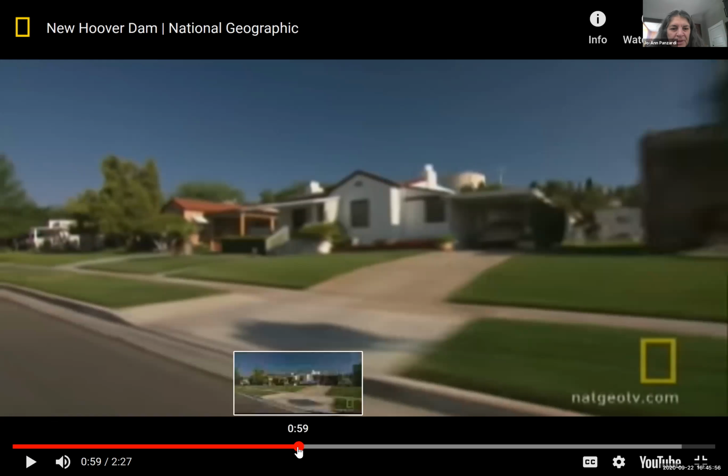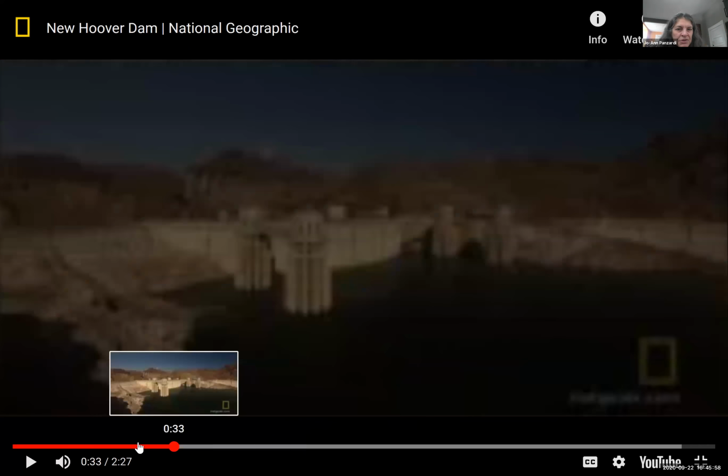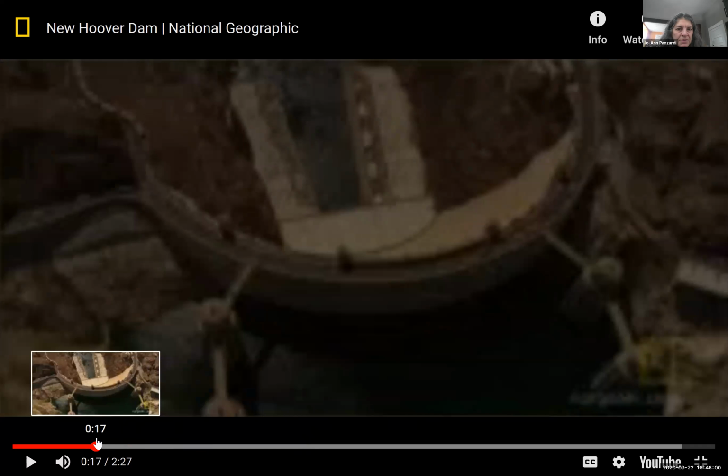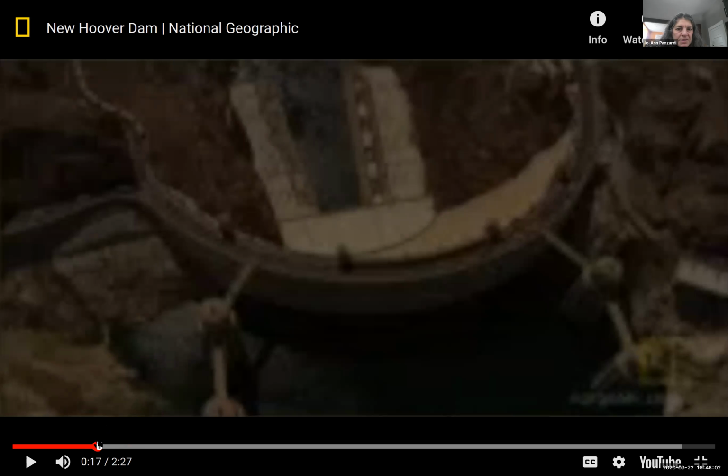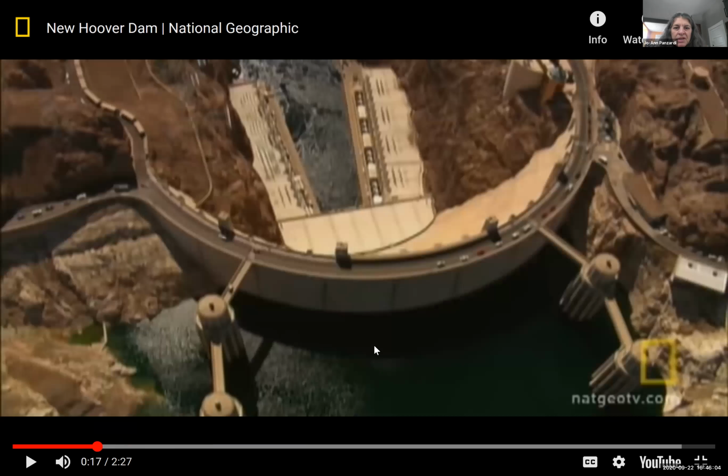I'm going to stop for a minute. I'm going to go back to this. So you could see that in the first case, we had this skywalk that was horizontal, right? And the weight is here cantilevering and creating a moment about the connection of the skywalk to the ground. Now we're looking at the Hoover Dam, where the water is going in here and it's trying to push it over.